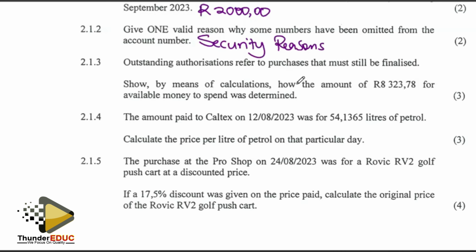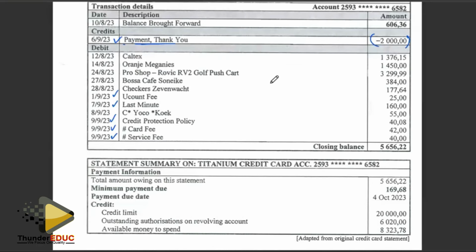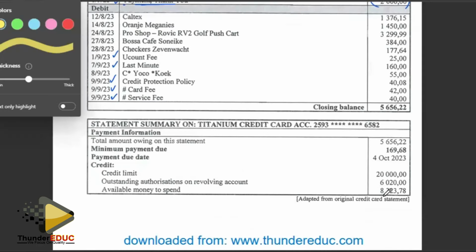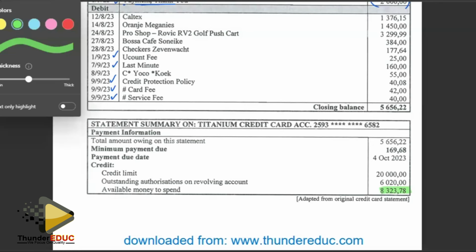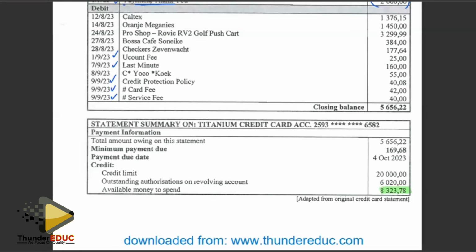Show by means of calculations how the amount of 8,323 rand 78 cents for the available amount to be spent was determined. We come here, we are looking at this value here. How was it determined? When you look at it critically, you need to subtract 1, and it will also subtract the 2.